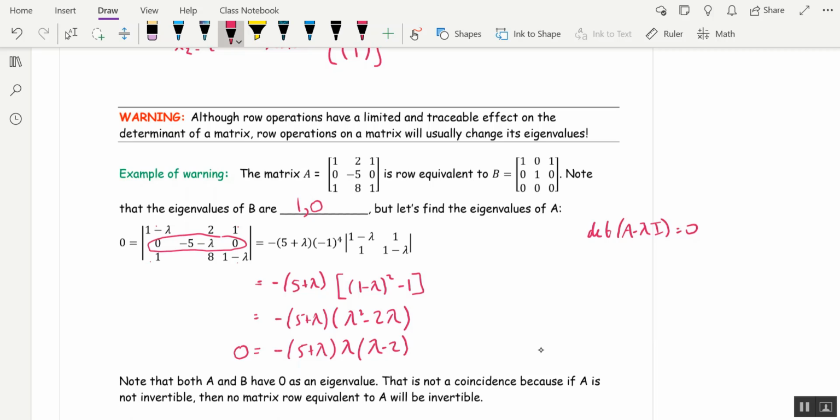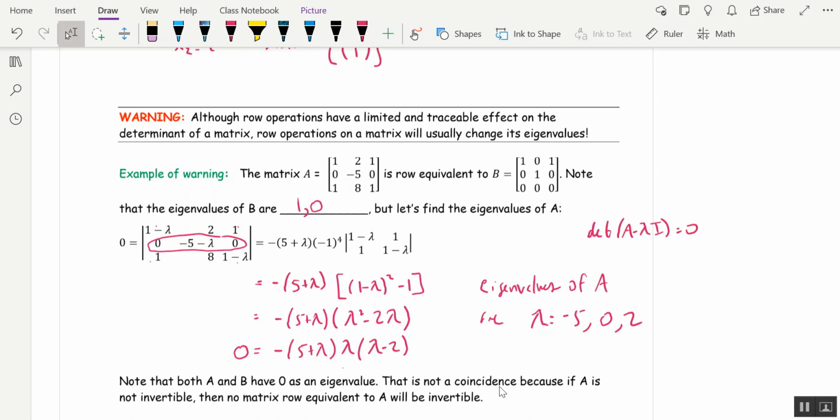So remember there's a 0 here. The eigenvalues of A are negative 5, 0, and 2. So they're different than the eigenvalues of B, except for the fact that they both share an eigenvalue of 0, and that's because A is not invertible.